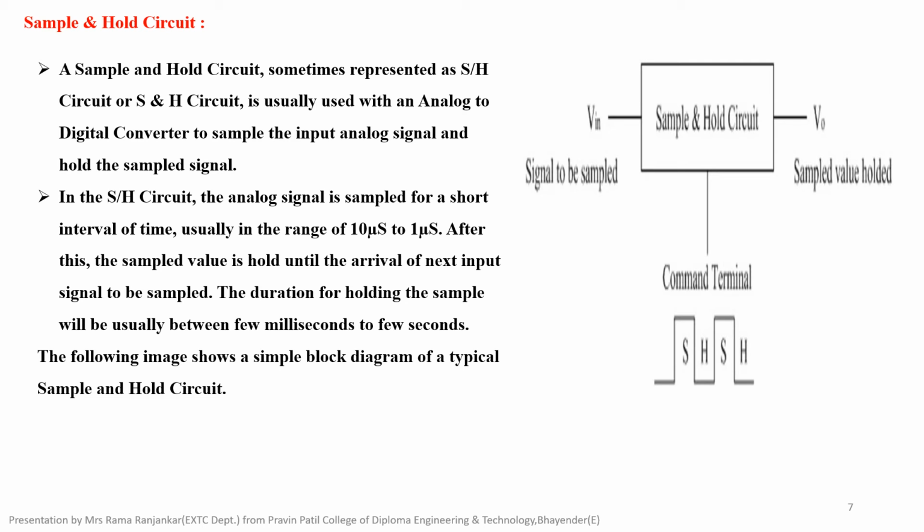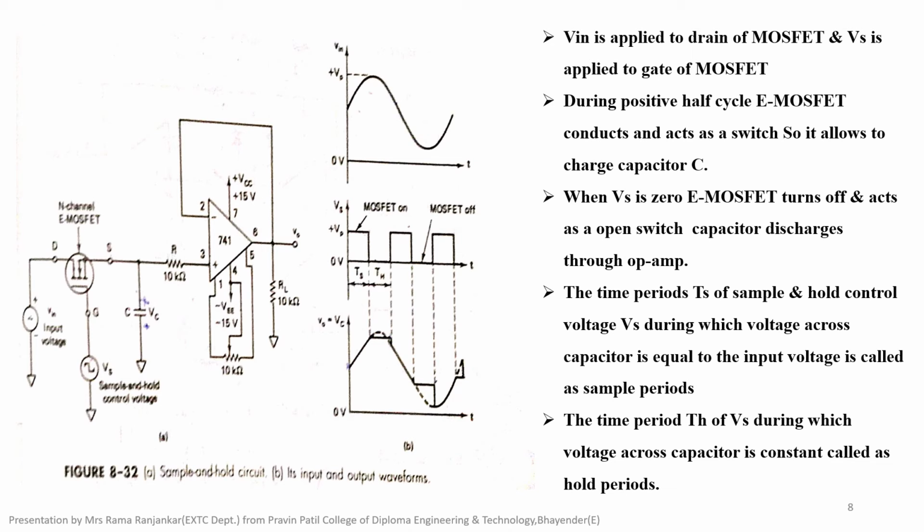The following image shows a simple block diagram of a typical sample and hold circuit. Here the MOSFET is used. Vin is applied to the drain of the MOSFET and VS is applied to the gate of the MOSFET. During the positive cycle, the E-MOSFET conducts and acts as a switch, so it allows charge to the capacitor C. When VS is 0, the E-MOSFET turns off and acts as an open switch.